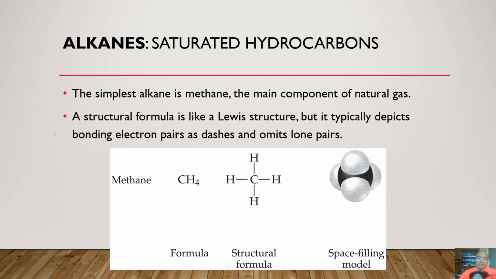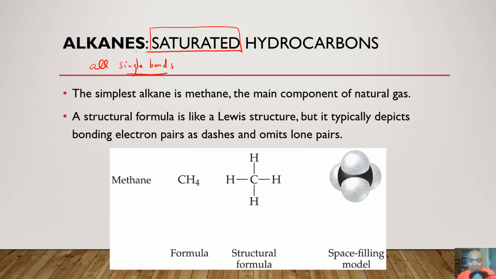Let's go into the details about alkanes. In alkanes, all bonds are single bonds. When all covalent bonds are single bonds, we call this structure saturated. There are no double bonds or triple bonds. So we call this type of hydrocarbon saturated hydrocarbons.